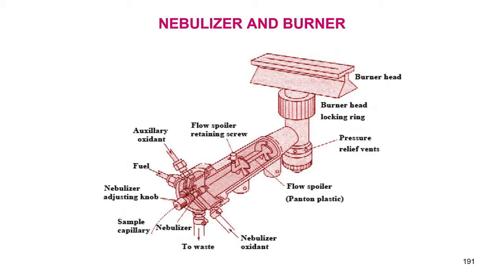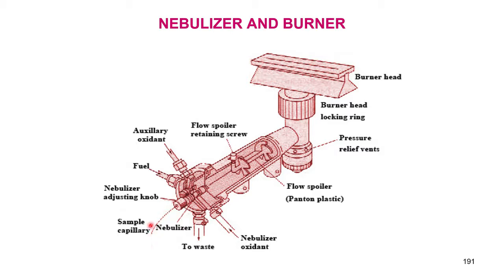As I told you, the job of this nebulizer is to produce free atoms. So, from the conical flask you have a capillary, the sample capillary is shown here, okay.